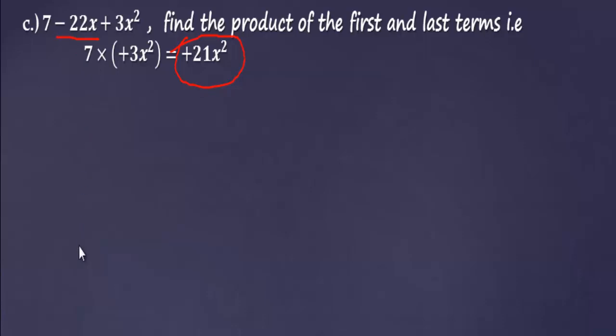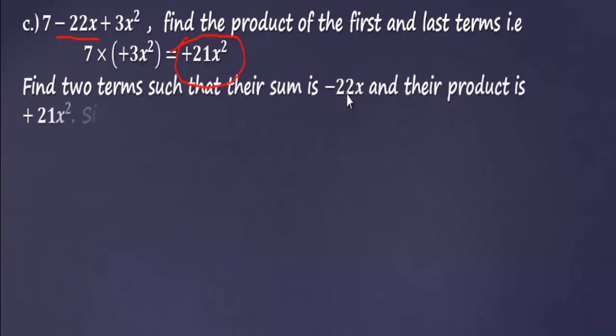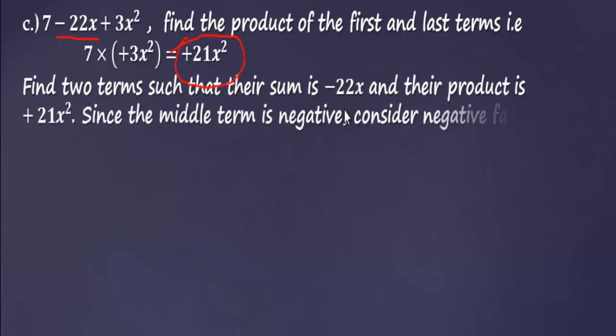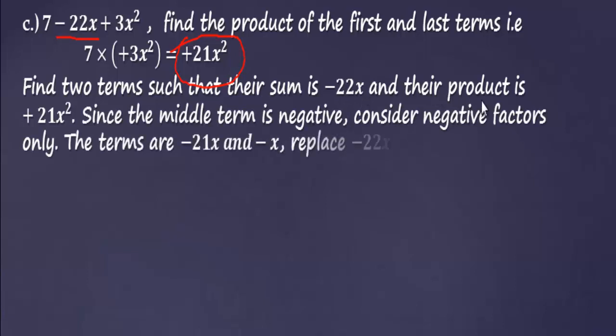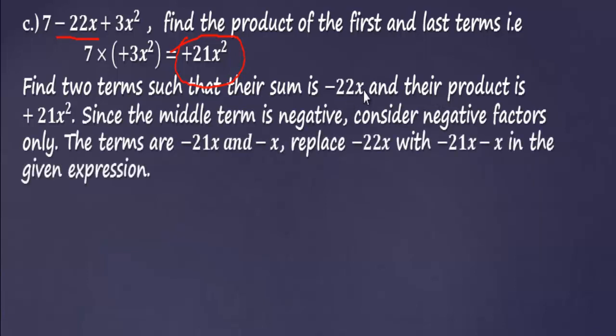So let's move on, which is now going to be: find the two terms so that their sum is minus 22x and their product is plus 21x squared. As the middle term is negative, consider the negative factors only.